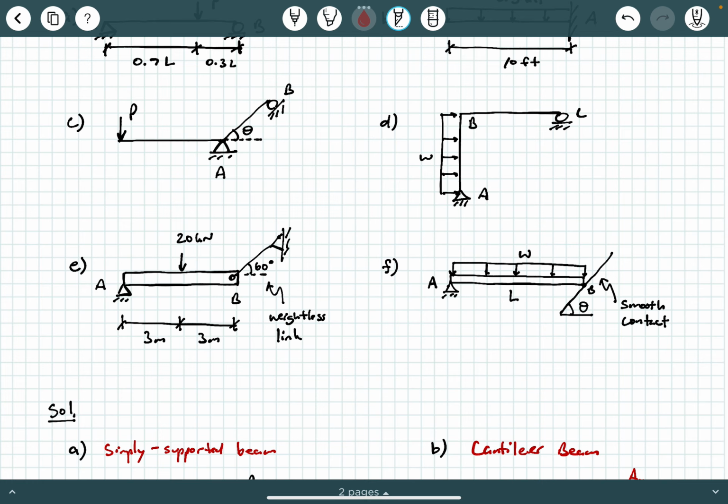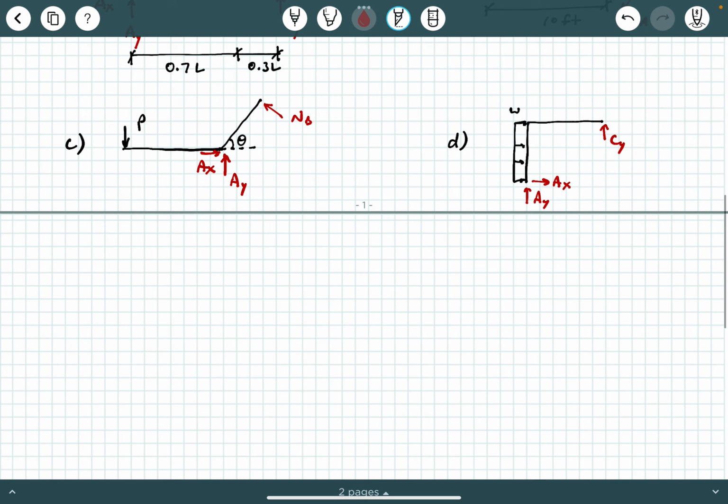Okay, let's move on to part E. Here we have this beam that is supported by an external hinge at point A, and then at point B, I've got this weightless link, okay? And so what is this going to look like?